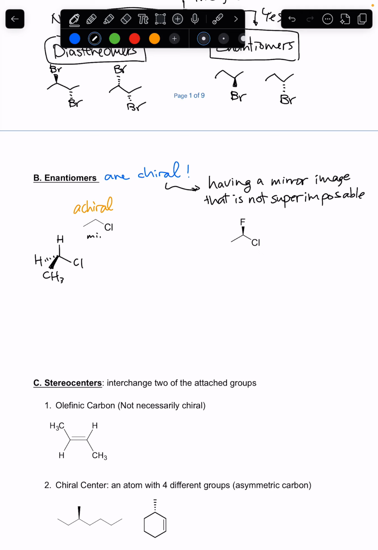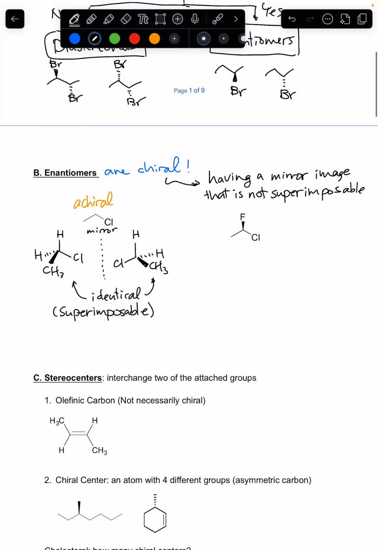If there's a mirror in the middle, if you can imagine that, the mirror image would look like this. But these two are actually identical. They're superimposable, right? That word just means you can put them on top of each other and they're identical.